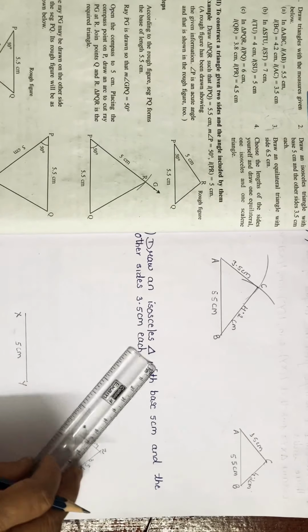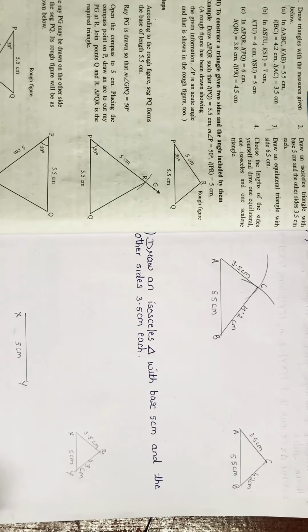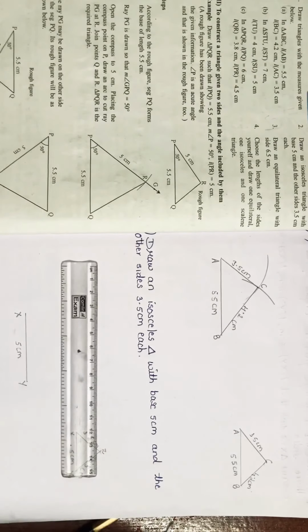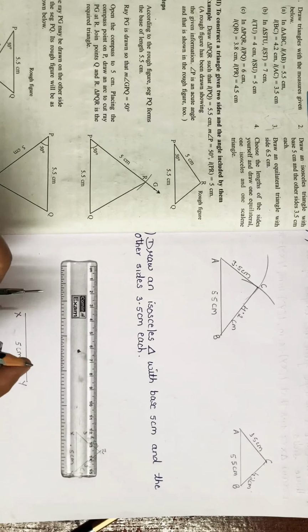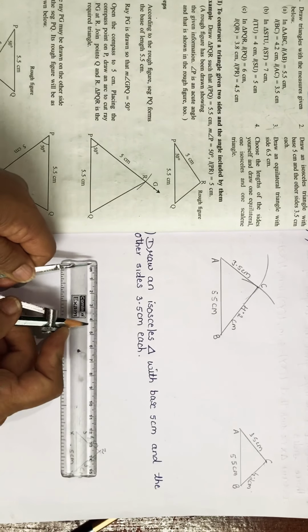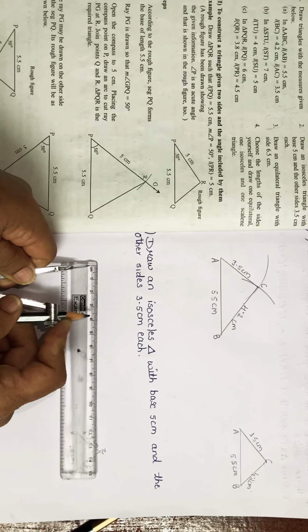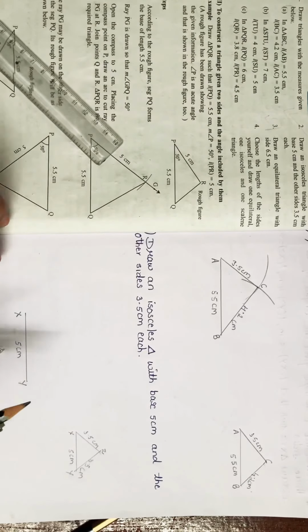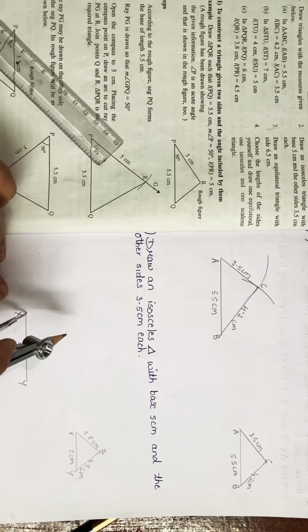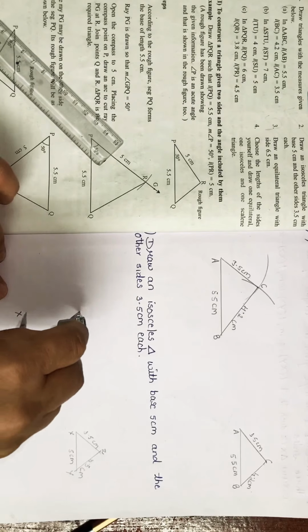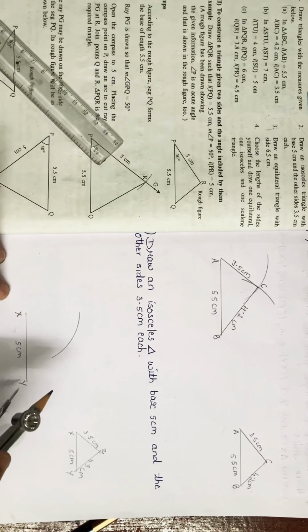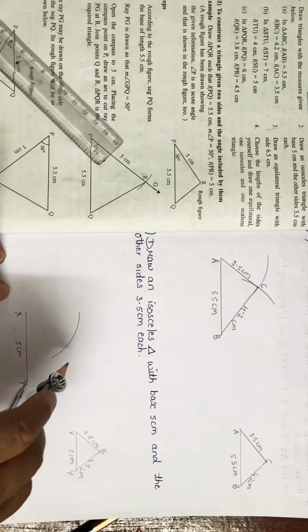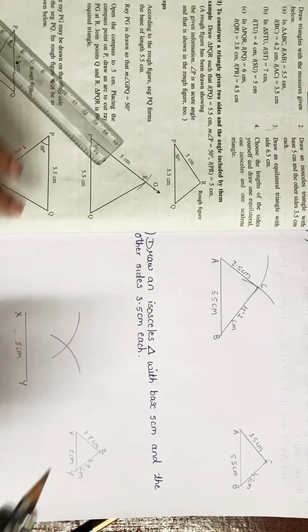Now here we have drawn XY as the base. Now on the scale you will measure 3.5 centimeters with the compass. So this is 3.5. So now we'll keep the pointer here and with the pencil we'll draw the arc. Other point on point Y, same measurement, and draw an arc here.